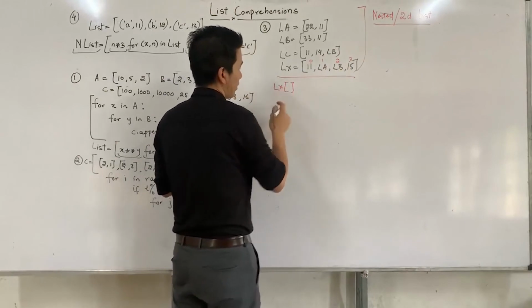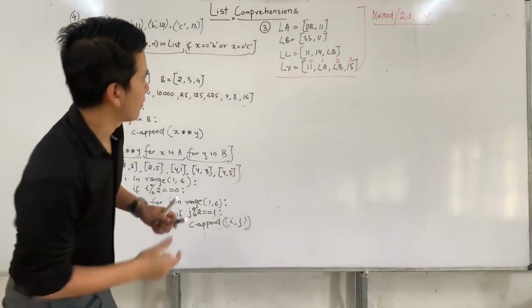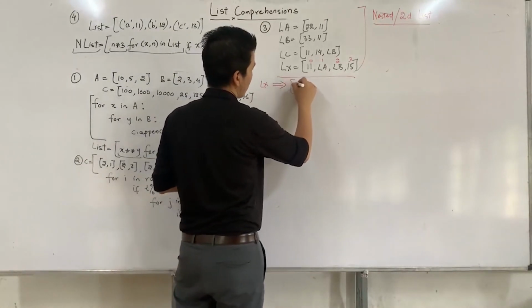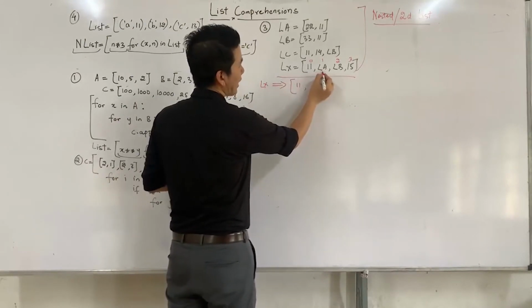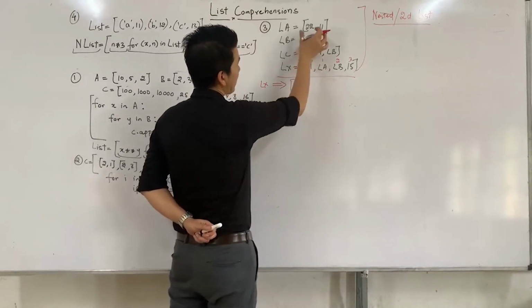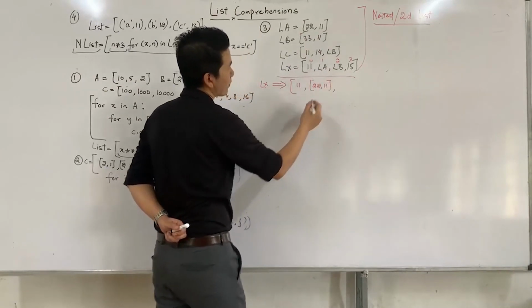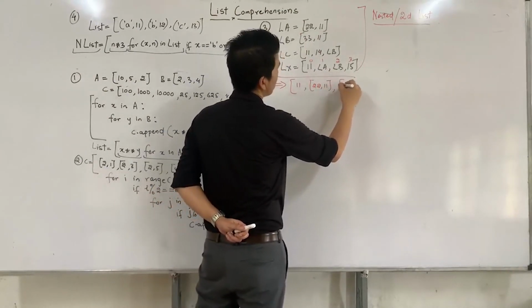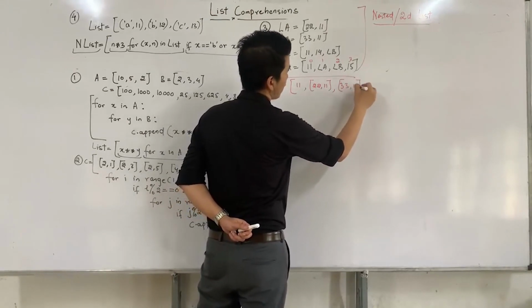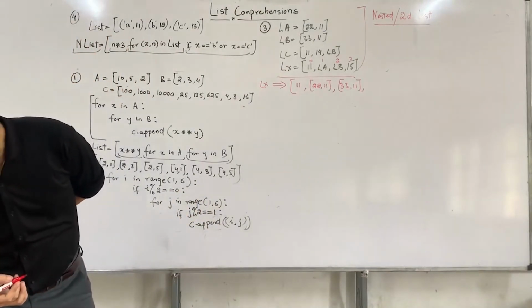If I print LX, it will be something like this. 11, the LA will form the second element. LA is nothing but 22 and then 11.